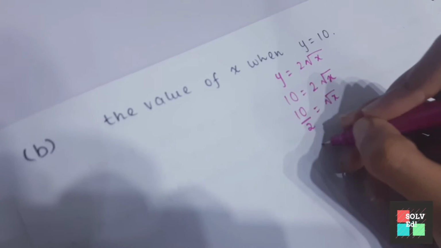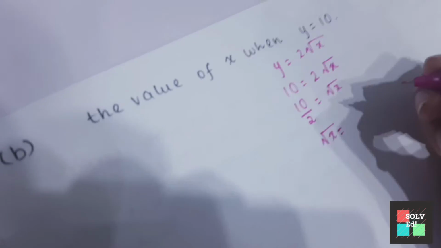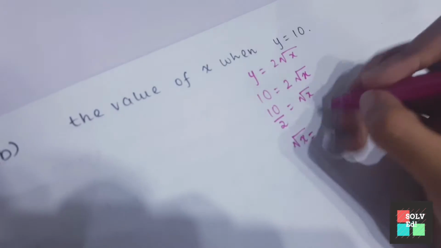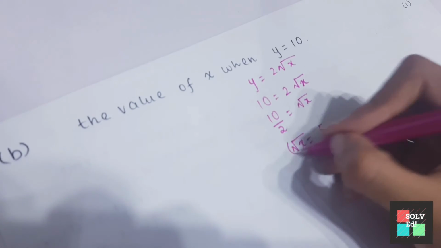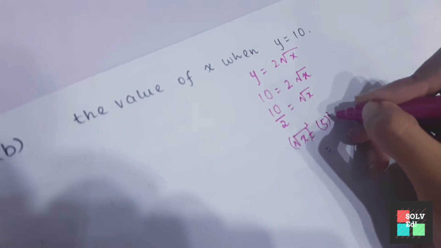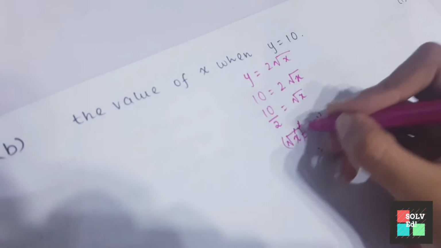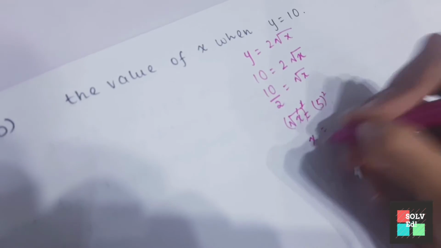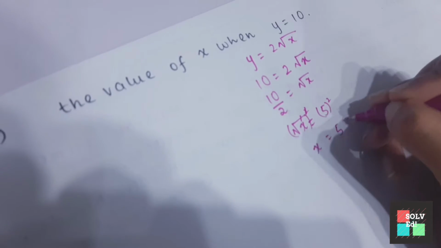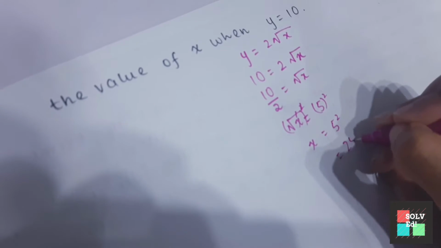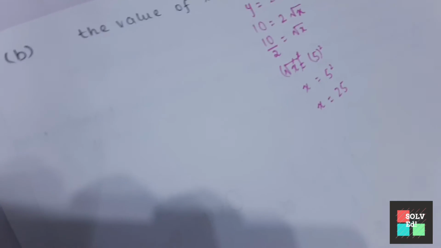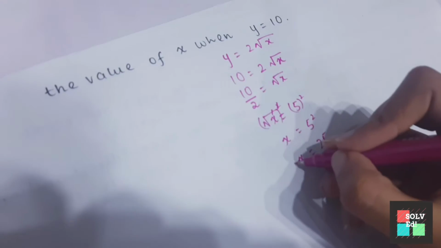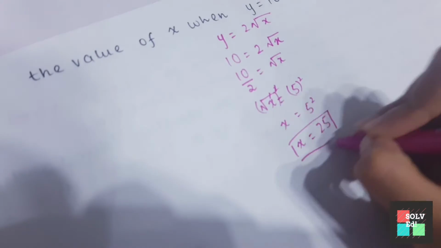I'm just going to write the variable on the left side. It's going to give me this, and I'm going to square both sides. So it's going to cancel out my square root, and I'm going to be left with 5 squared, which is 25. So this is our answer for the second part.